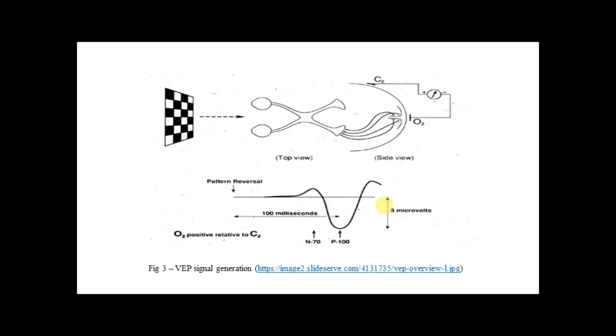So next is how it actually works. Here I will try to visualize and explain with this simple diagram that there is a checkerboard pattern. Both our eyes can visualize this checkerboard pattern. But as you know, our left eye is coordinated by the right brain and the right eye is coordinated by the left brain.